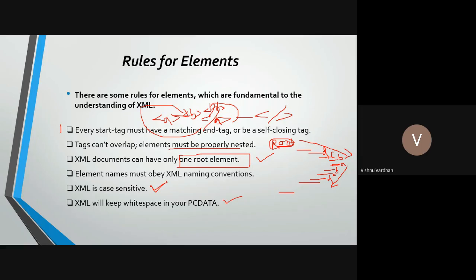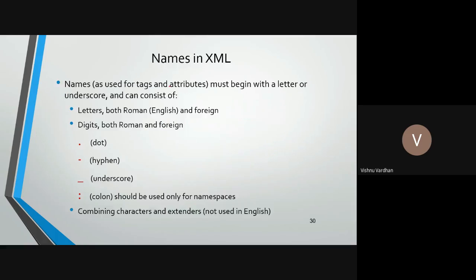So there is nothing to actually remember for the element declaration rules. And what are the naming conventions? Names must begin with a letter normally, and if it is not possible, at least with an underscore. And you can take a combination of different characters, like letters, digits, Roman or foreign characters.